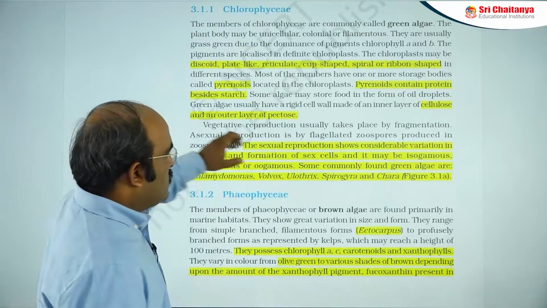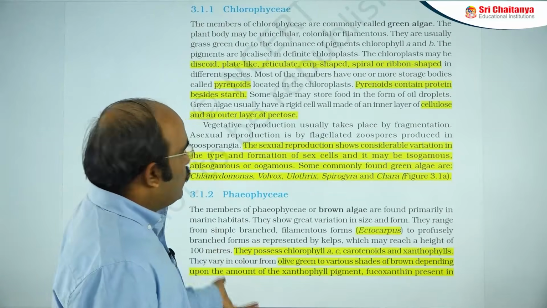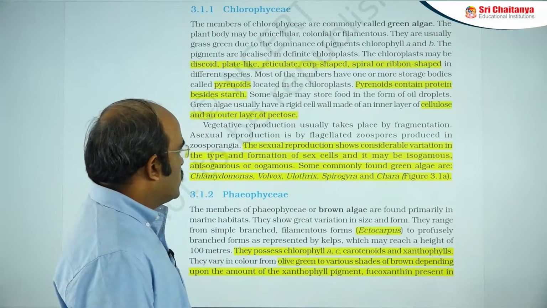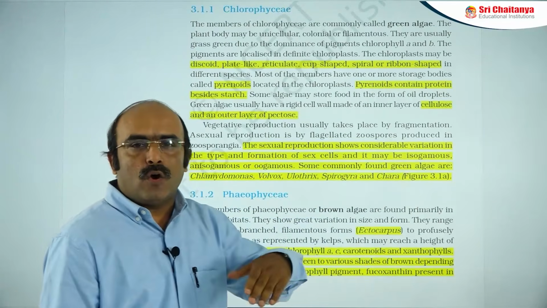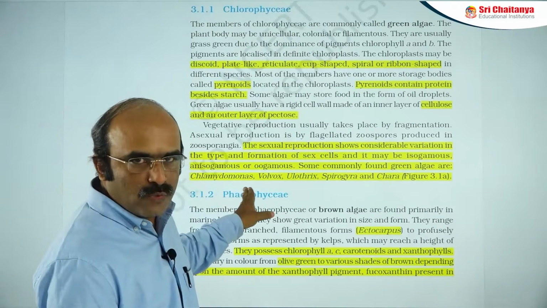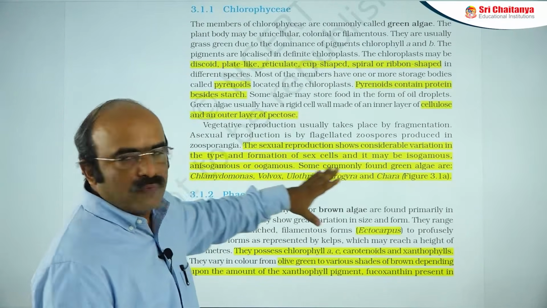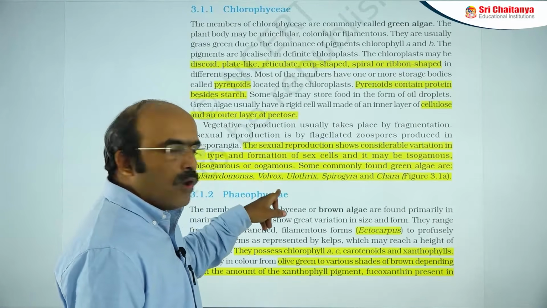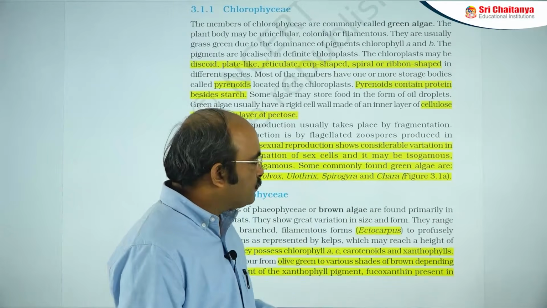Vegetative reproduction usually takes place by fragmentation, and flagellated zoospores are involved in asexual reproduction. But sexual reproduction in green algae occurs by all three methods: isogamous, anisogamous and oogamous. Examples of green algae are Chlamydomonas, Volvox, Ulothrix, Spirogyra and Chara.